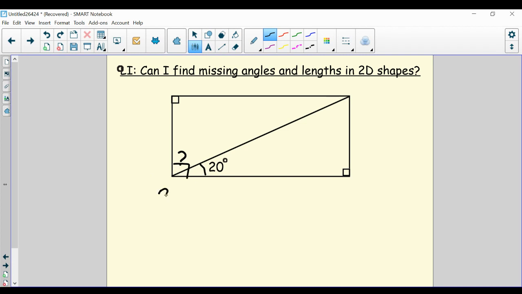So we know that 20 plus the unknown angle will make 90 degrees, a right angle. So we just need to think about what will go with 20 to create 90. So that angle there must be 70, because 70 plus 20 is 90. So we know that that one is 70 there.